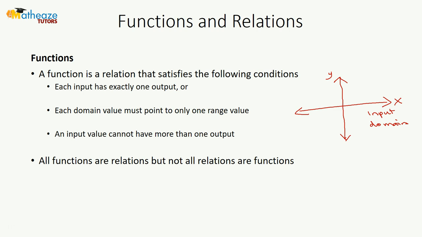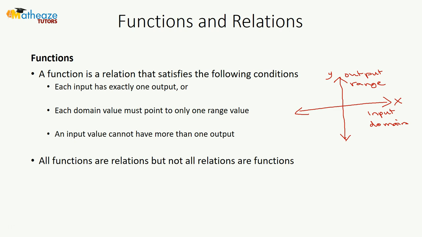All the values on the y are called output values, or we can call them range values. Now what we're saying here is that each domain value must have only one range value, but it's also possible that multiple domain values can point to the same range value.